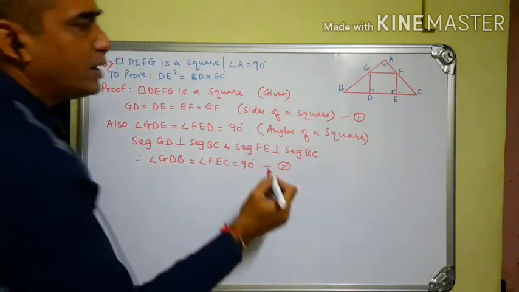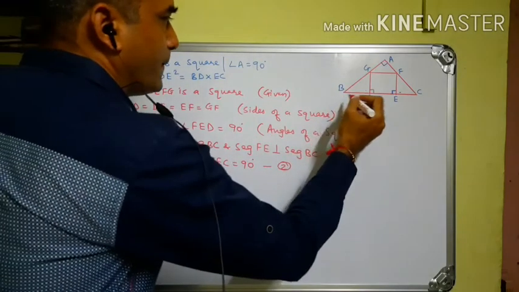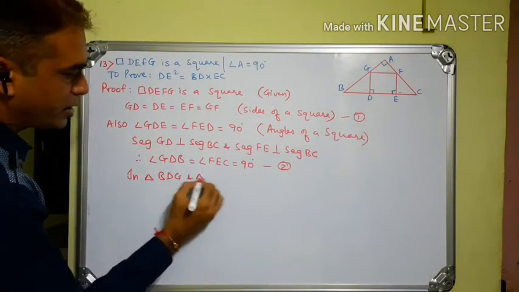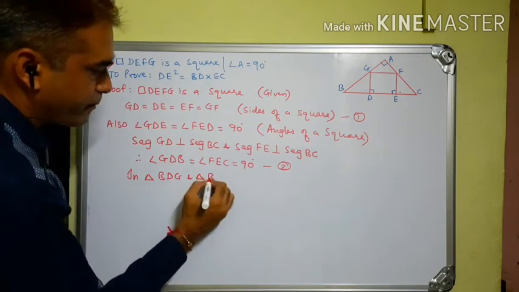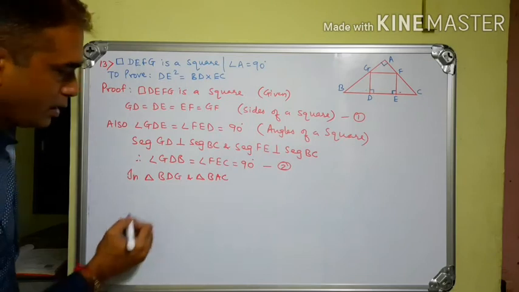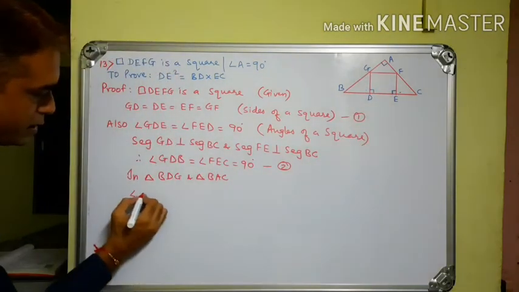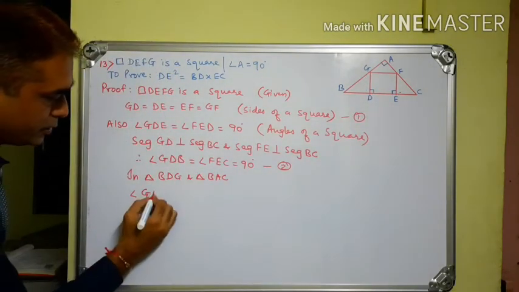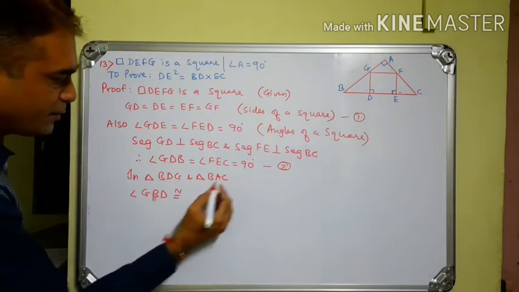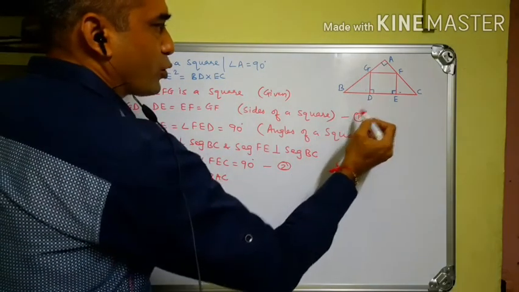So first we will take triangle BDG and triangle BAC. See, in these two triangles, angle GBD is congruent to angle CBA.